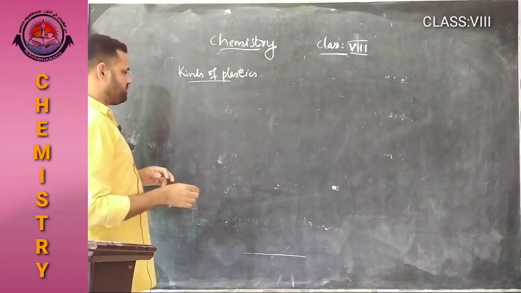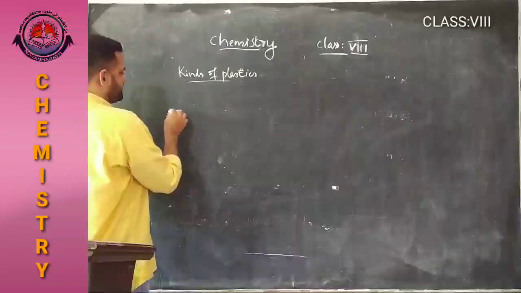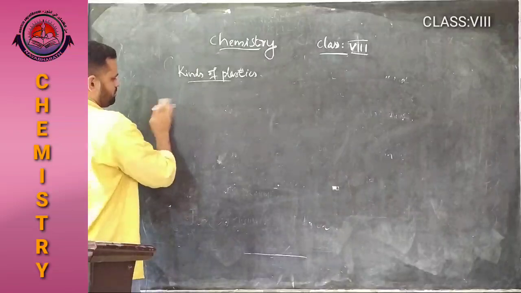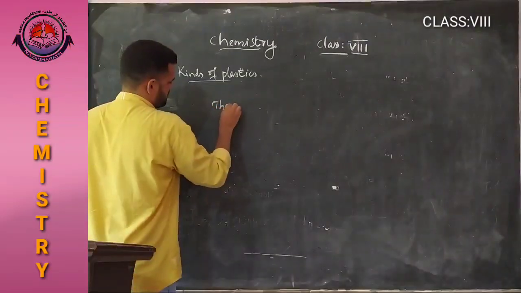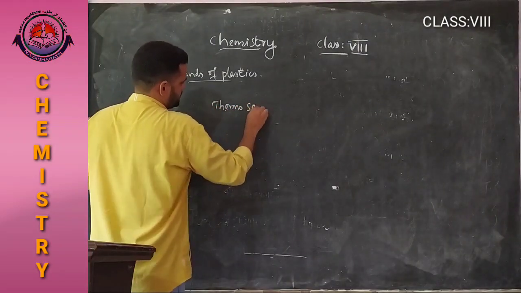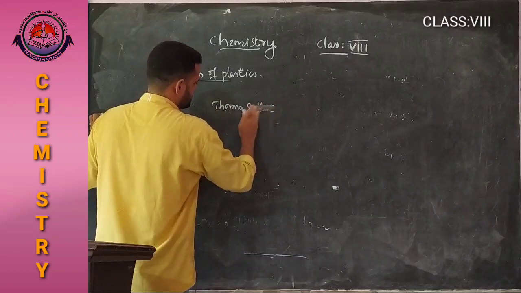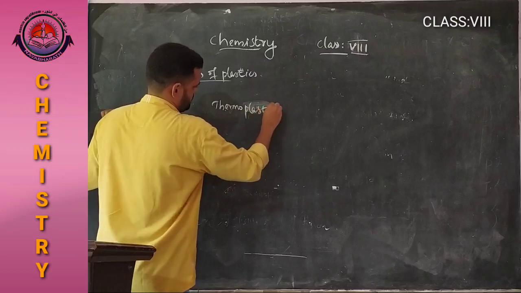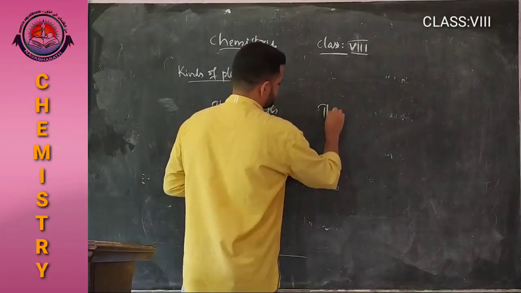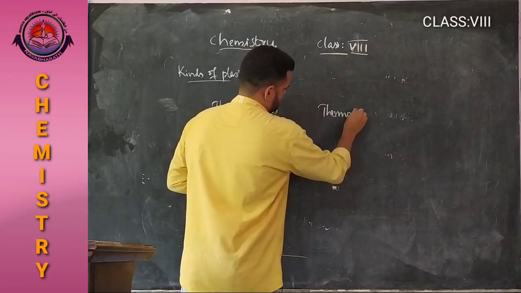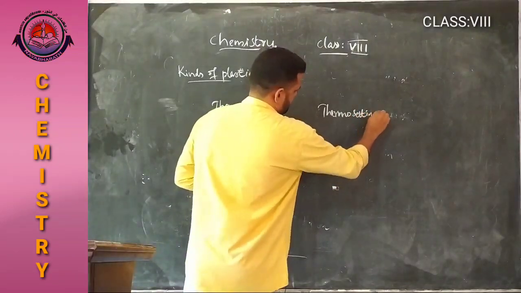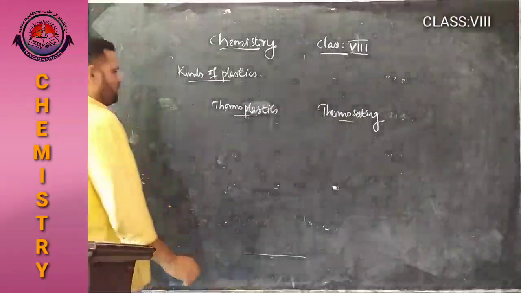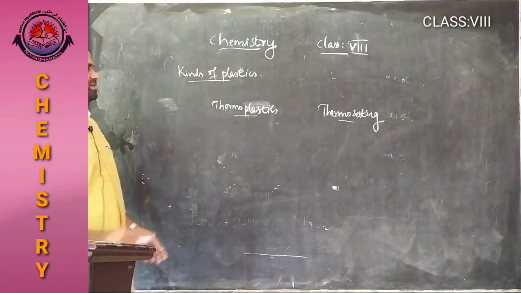Mainly there are two kinds of plastics, that is thermoplastics and thermosetting plastics.